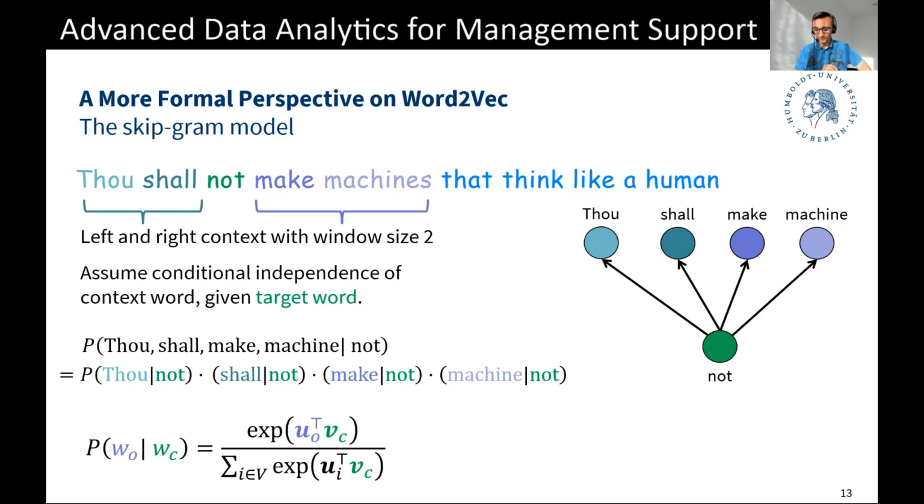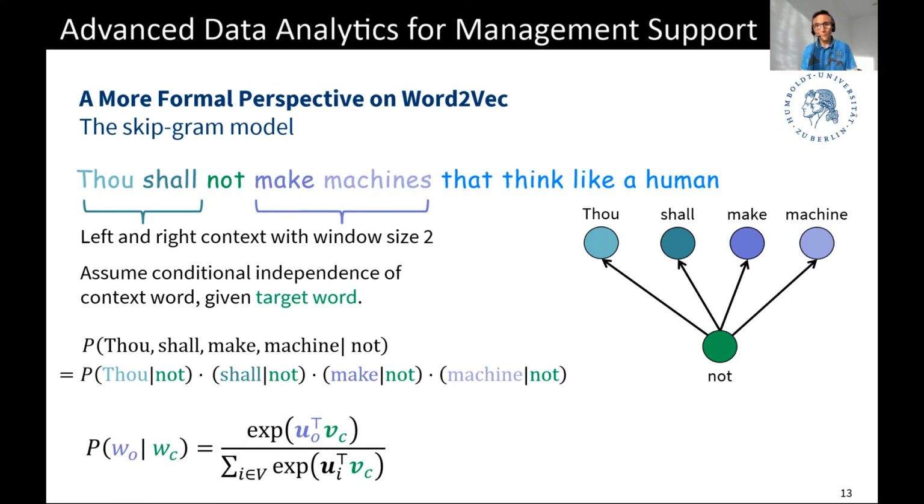And if we assume, that's a simplification, but it's plausible, I believe, that the context words are conditionally independent given the target word, more formally, that the probability of observing the bag of words "this", "shall", "make" and "machines", given that the word "not" occurred, factorizes, then we can basically focus on the product of the conditional probabilities of one context word and the target word, and we can obtain the total probability just by the multiplication of these individual level conditional probabilities, so to say.